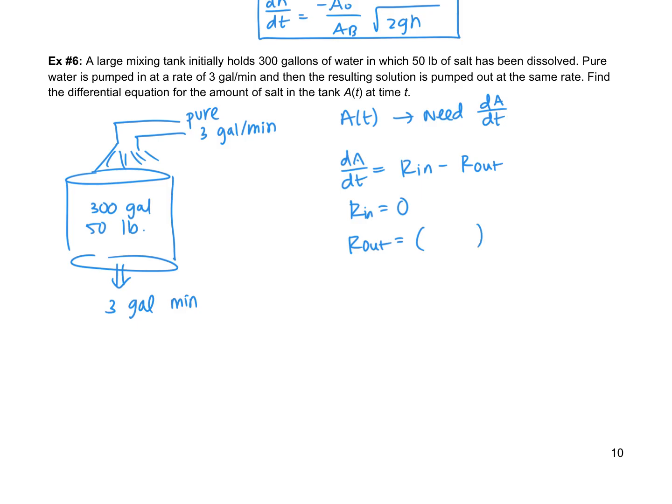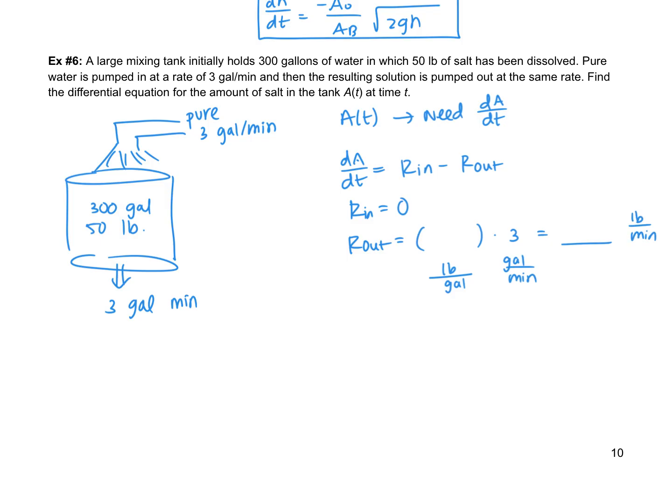Okay, we're looking for a concentration. So we know that this is leaving at 3 gallons per minute. Our concentration of the salt is going to be in pounds per gallon, which then we're going to see gives us a rate that's in pounds per minute.